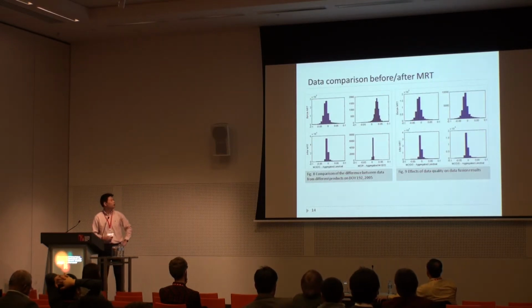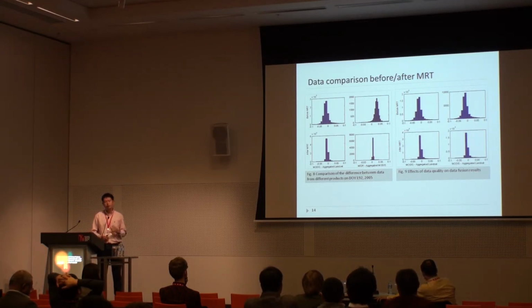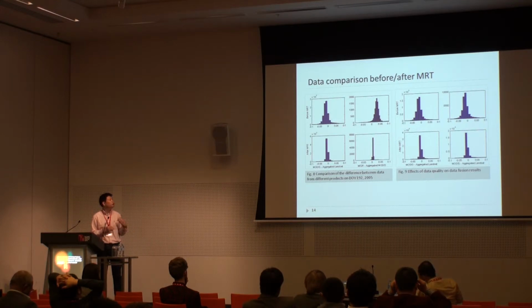Here's some statistical comparison. In the left 4 figures, we can see that before MRT and after MRT, the differences between adjacent scale albedo products become smaller, and they are more consistent.